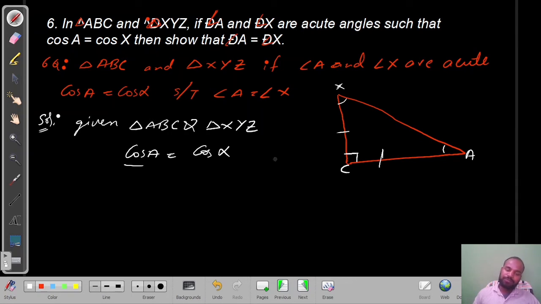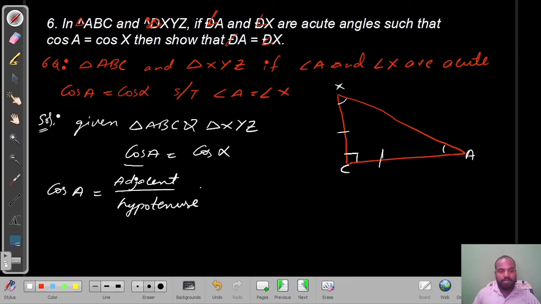Cos A is adjacent by hypotenuse. What is adjacent here? Adjacent is AC. What is hypotenuse here? AX.